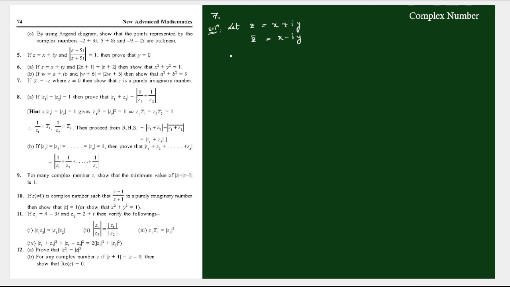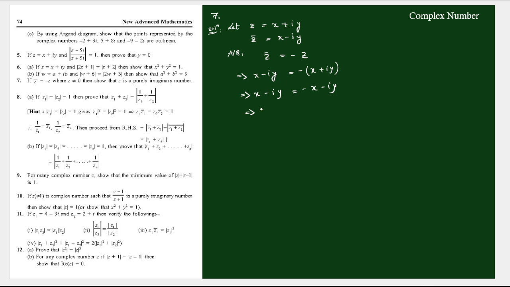Then according to the equation, what do we have? Z bar equal to minus z. So what is z conjugate? x minus iy. And what is minus z? It will be minus x minus iy.